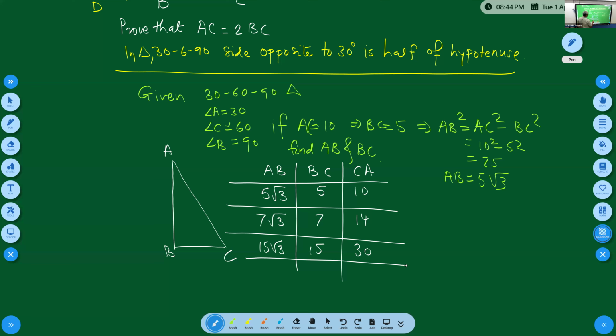Okay. Suppose AB is given 10. Find BC and CA. Suppose AB is 10, then find BC and CA. Ten by root three and into 2, 20 by root 3.